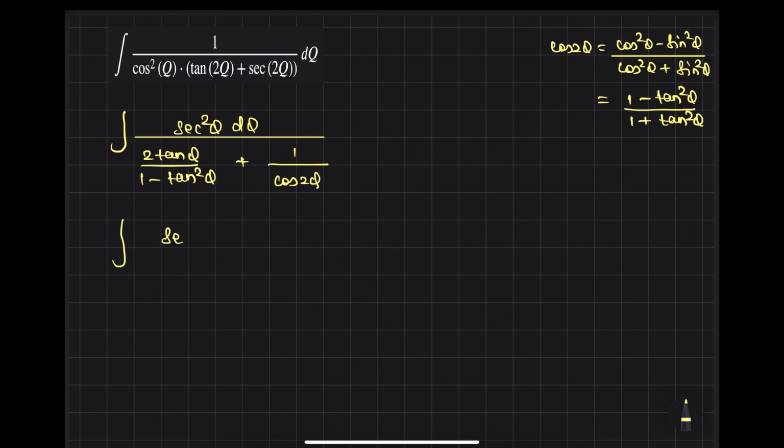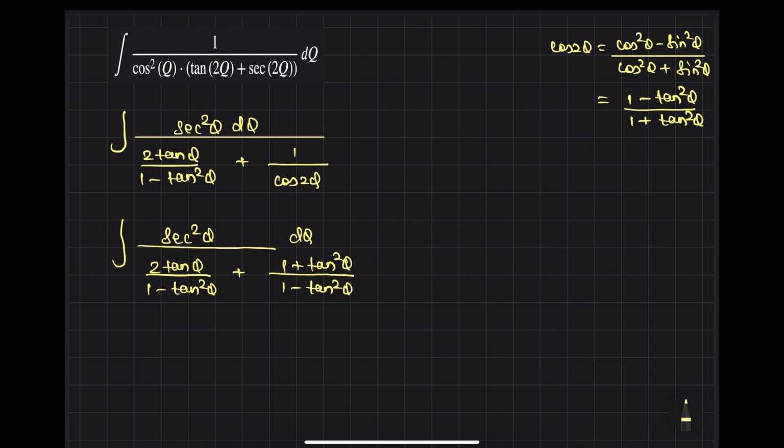So it is sec square theta, and then we have 2 tan theta upon 1 minus tan square theta plus 1 minus tan square theta upon 1 plus tan square theta. Correct? Now this is d theta.